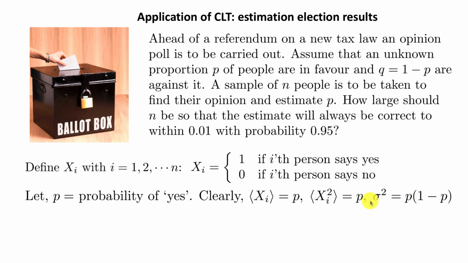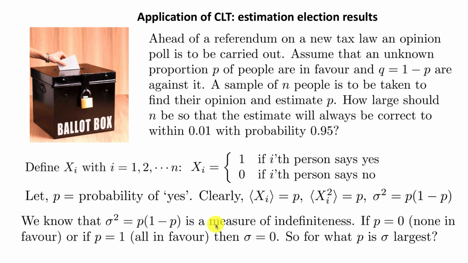Now this over here, the variance or the standard deviation squared, is a measure of indefiniteness. Of course, if P is equal to 0, then no one is in favor of the new law, and if P is equal to 1, then everyone is in favor of the law. In that case, sigma will be 0. So now the question is, for which value of P is the uncertainty the greatest? In other words, when is sigma the largest?